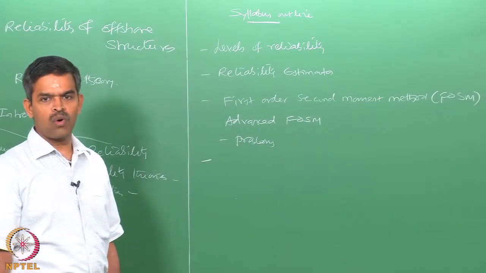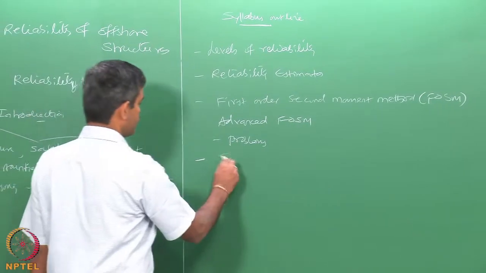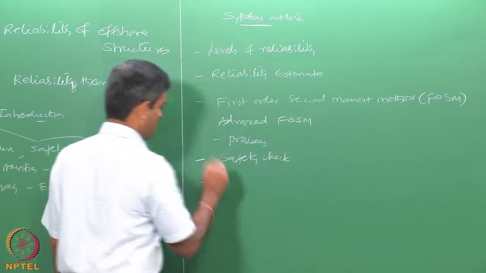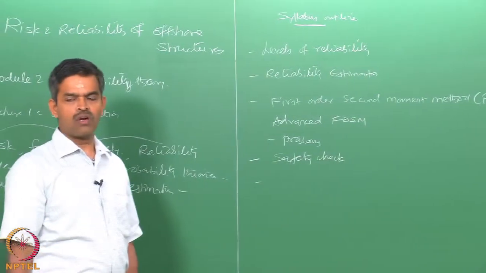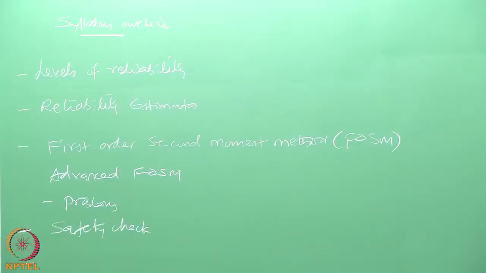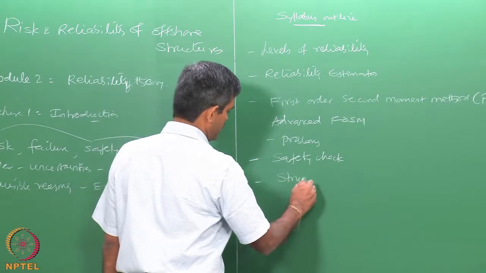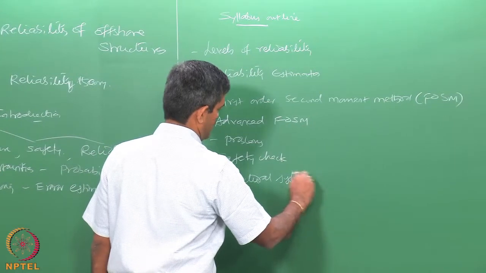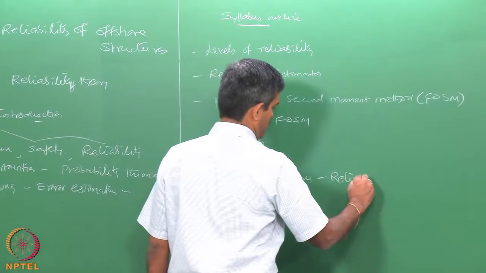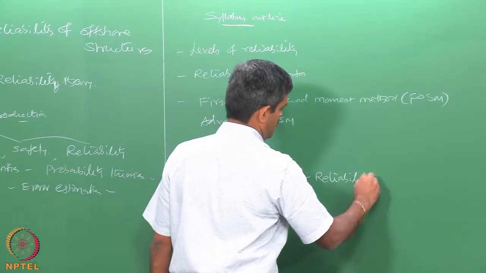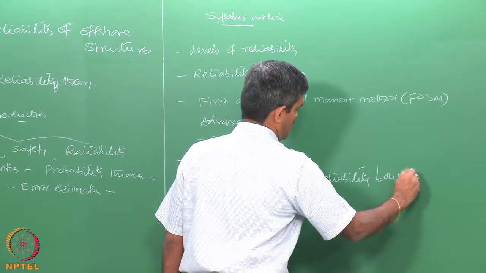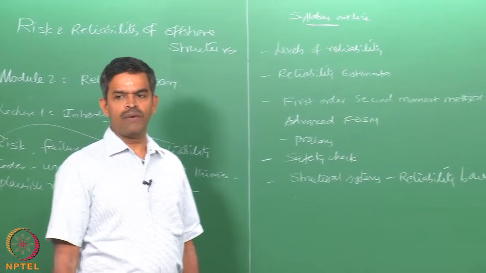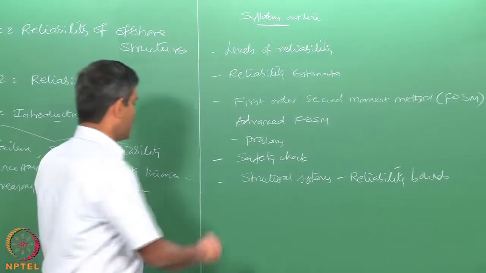Then we will talk about codes of practice of safety check. We will also talk about reliability bounds of structural systems. We will discuss how to treat the geometric variables in reliability theory.